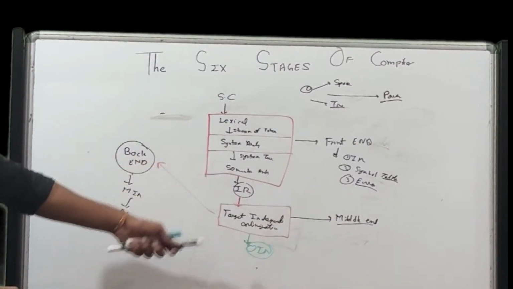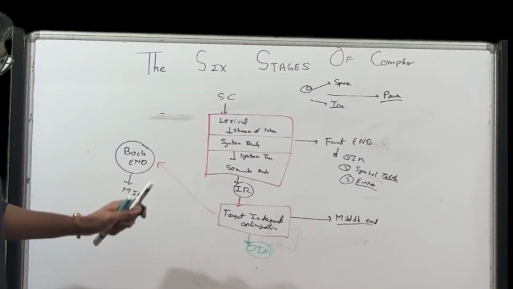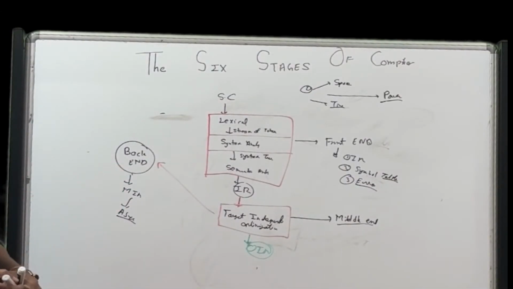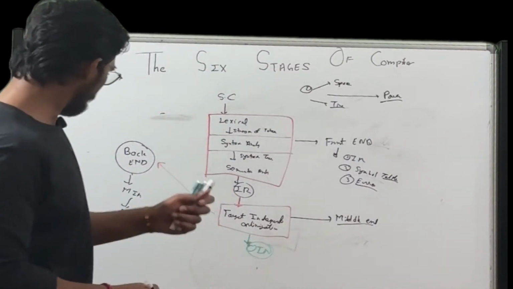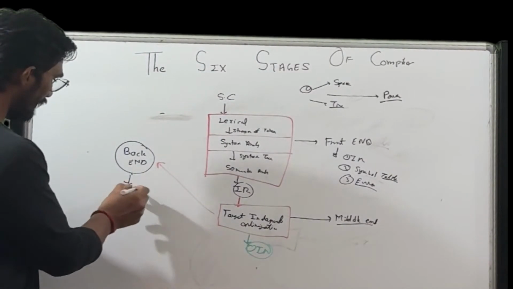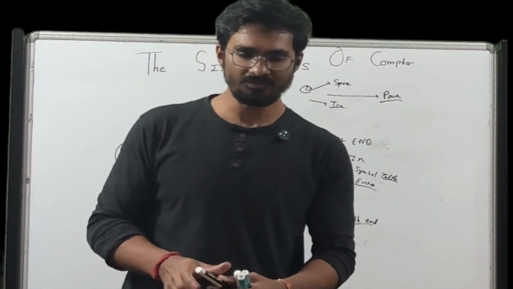So this is the complete workflow of the compiler, with stages 1, 2, 3, 4, 5, 6 where the compiler works. In MIR, we do most of the hardware-related optimization. These are the complete stages.